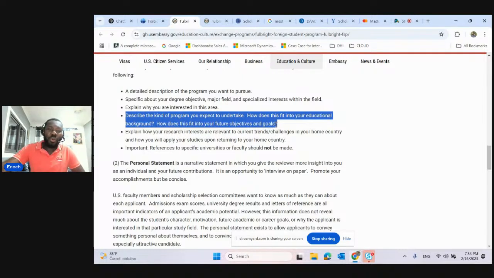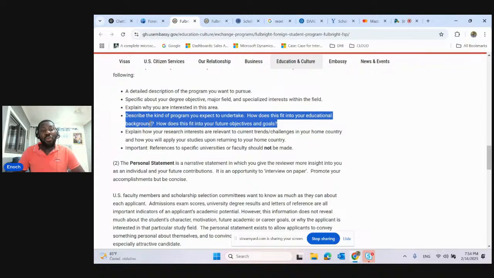So if you are working as a teacher and you are applying, for example, to the Fulbright scholarship, here we're talking about describing the kind of program you expect to undertake. How does this fit into your educational background? And your educational background is not foreground, it's background: what you have studied in the past and the specialization. So if you are deviating so much from the background you have studied, it's kind of going to affect how much you score.